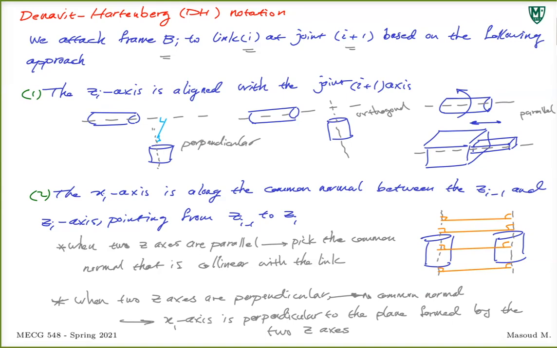Now, there are exceptions. If the axes are parallel, you can have an infinite number of common normals, but we're going to use the common normal that is collinear with the link. And if two z-axes intersect, there is no common normal, as we said before, so the x-axis is perpendicular to the plane formed by the two z-axes.